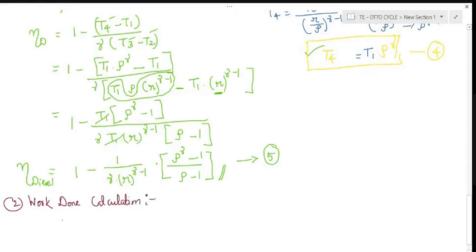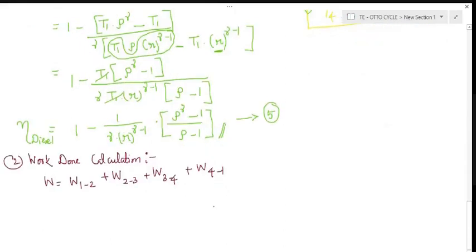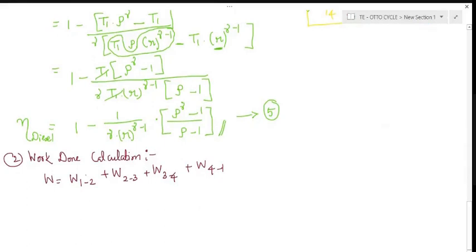Work done calculation. See, actually here in the process, the work done between 1 and 2, plus the work done between 2 and 3, plus the work done between 3 and 4, plus the work done between 4 and 1, right?